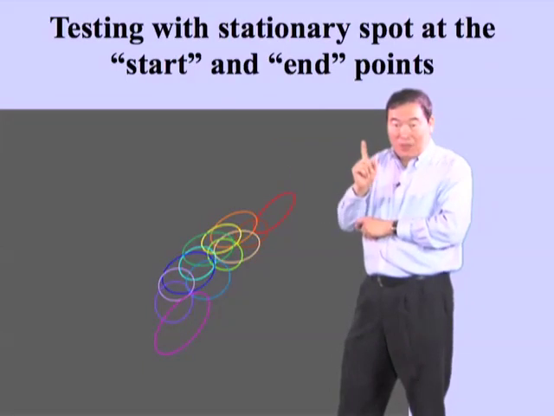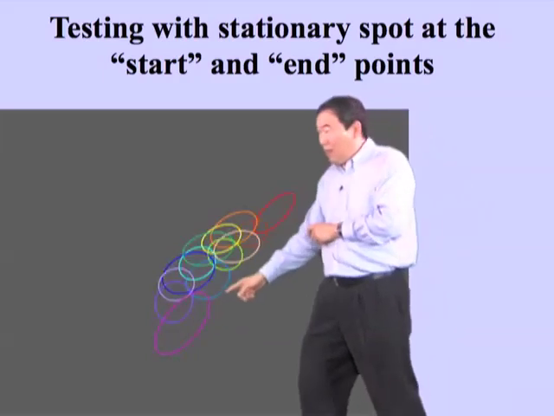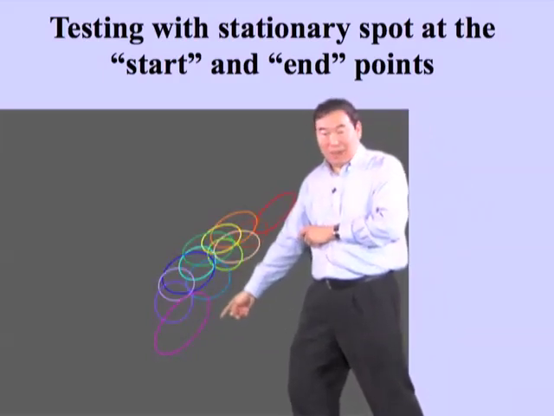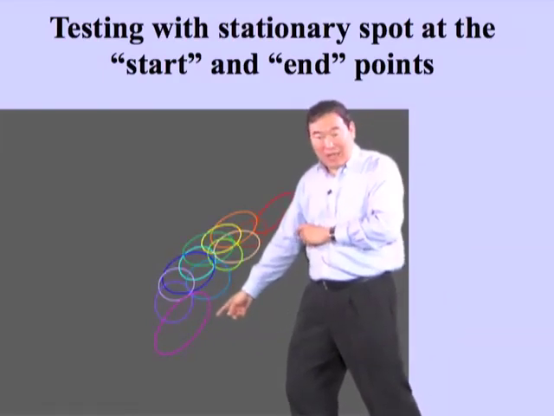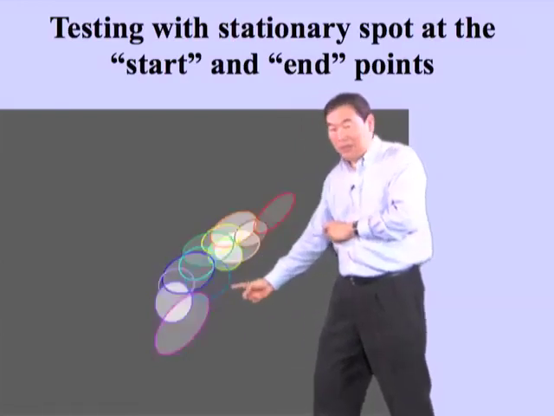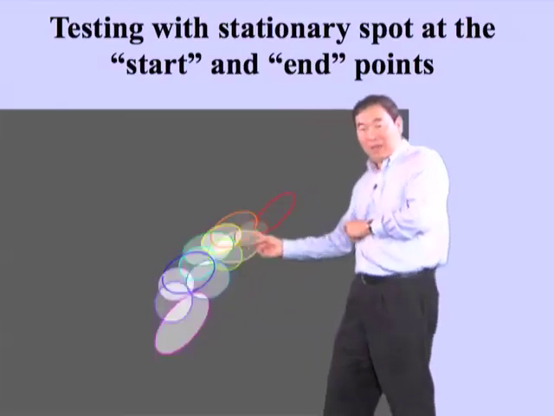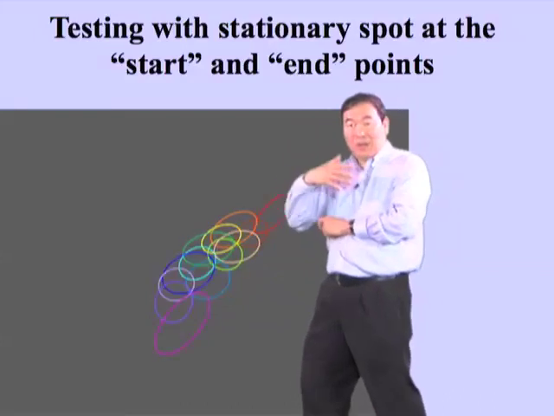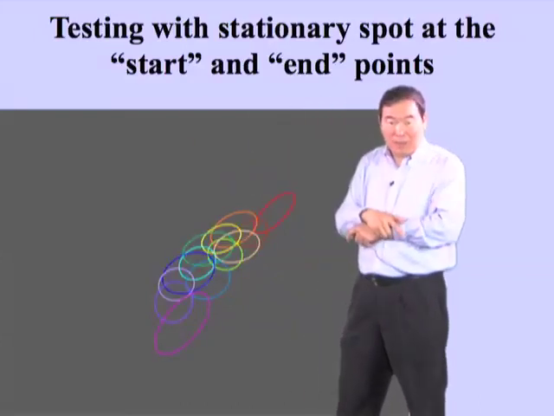Now the question is, can the test spot recall the sequence of firing along this path that was conditioned during the moving spot?